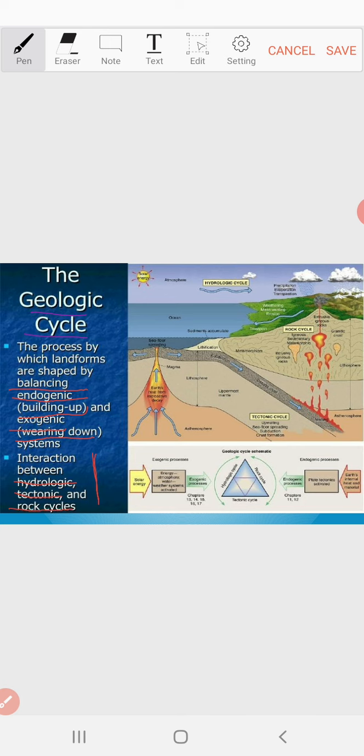The hydrological cycle is there on this surface, the tectonic is there in this part, and the rock cycle is there in this part. You can see it is an interaction between the three: hydrological cycle, tectonic cycle, and rock cycle. Now how is it possible? Let me just explain.